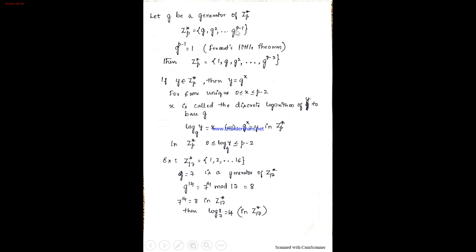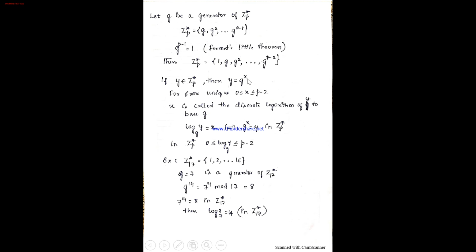Now I'll write it as: G raised to P minus 1 is always equal to 1, so I'll take 1, G, G square, and so on up to G to the power of P minus 2. Now let Y be any number, any value that is present in this set. Then Y is equal to G to the power of X. Yes or no, isn't it, guys?